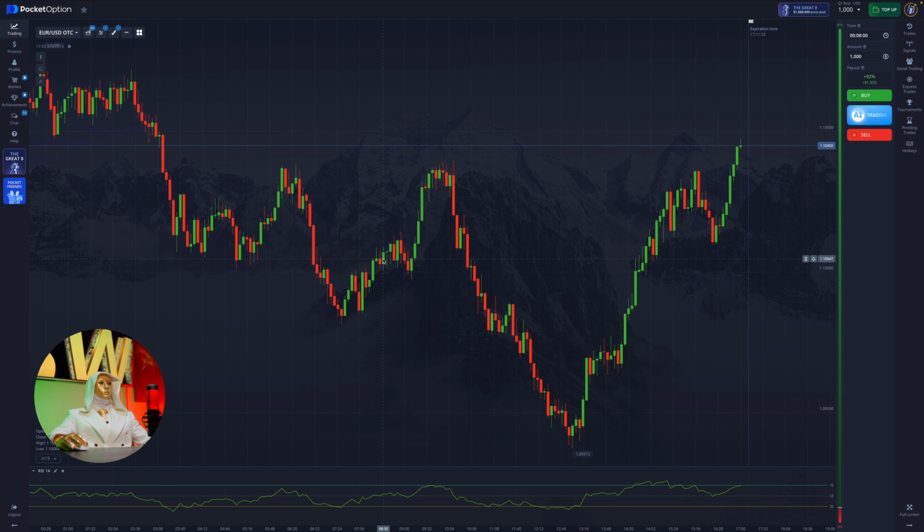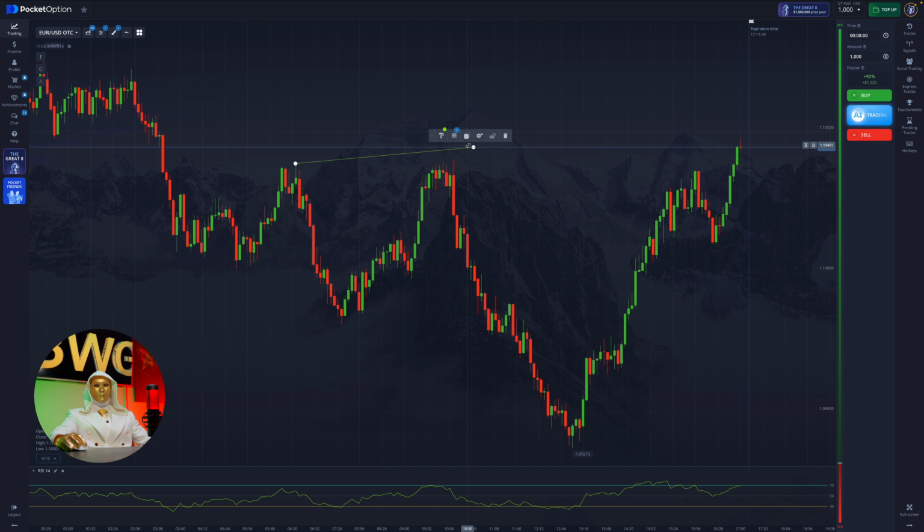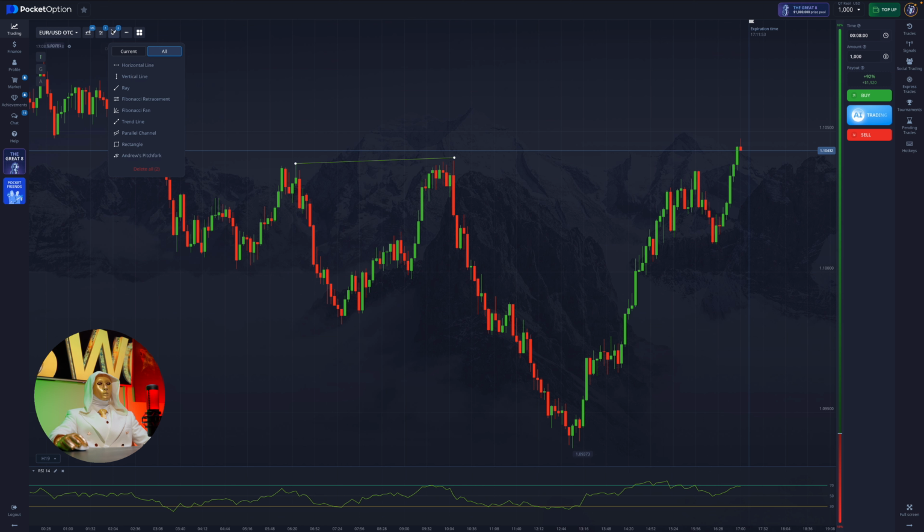What will we pay attention to on the indicator? To make it more visually clear, let's take the trend line and notice this high and this high. Now let's spot these highs on our RSI indicator.